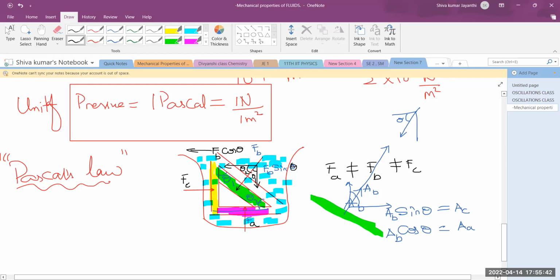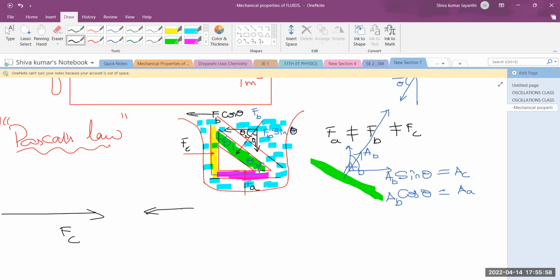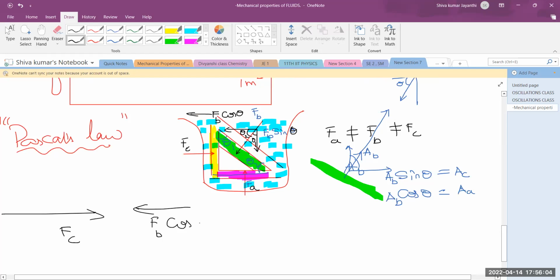Understood this? Now, if you see carefully, two forces are there. One force, Fc, is like this, and opposite to that one force is there. Fc is opposed by what force component? Fb cos theta is opposing Fc. Similarly, two vertical forces are there.